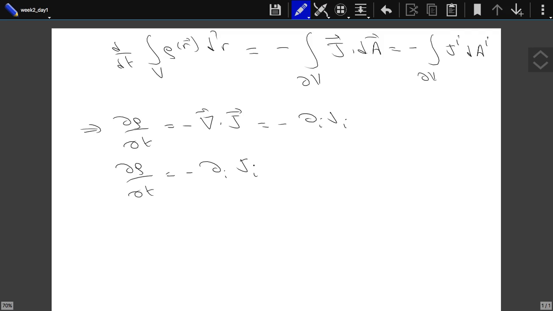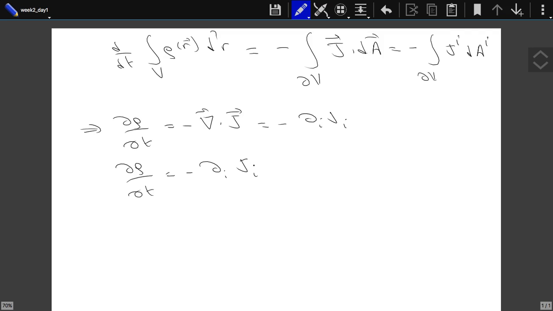And if you choose your coordinate axis differently, they will probably look different. The numbers will look different, but nevertheless, the initial set of numbers and the final set of numbers have some relation between them. Just think in terms of vectors. Let's say I have this vector. If I choose my x-axis and y-axis, let's say in 2 dimensions, this vector has some x component and some y component.